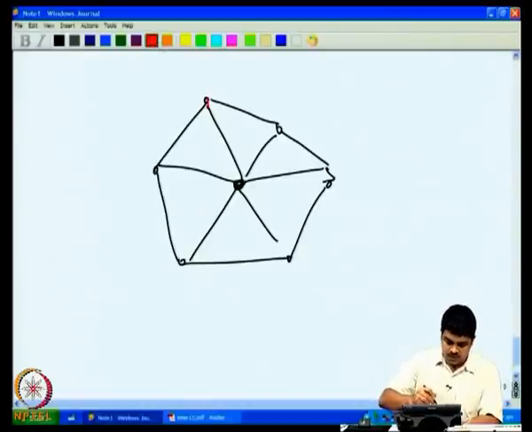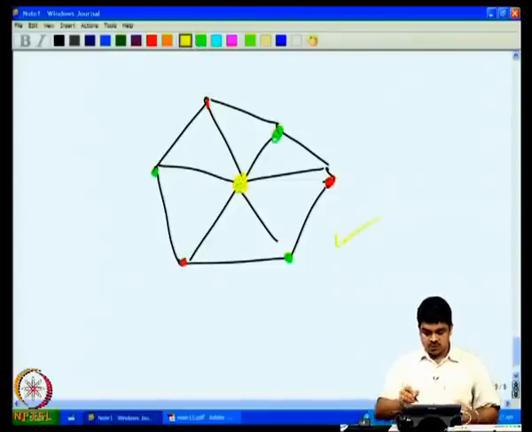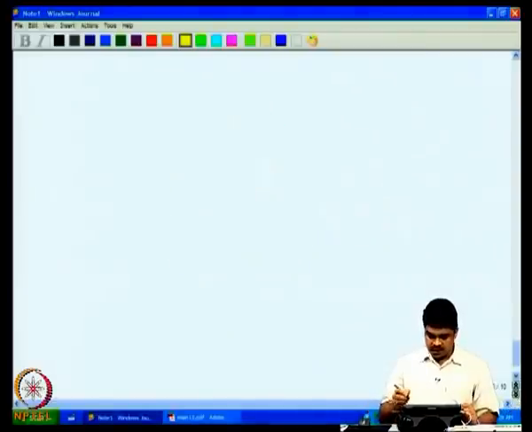For instance, here this is green, so we may use this color, and then this color, and this color here. Then we will have to give a new color, because this color is not possible, and neither is the red color. So we have to use a different color for the middle vertex.